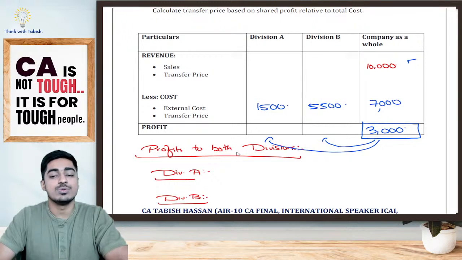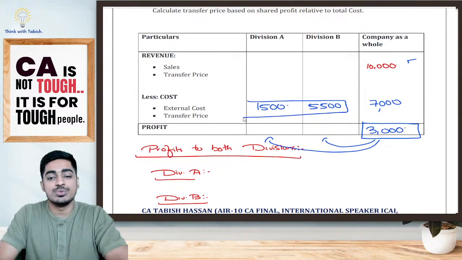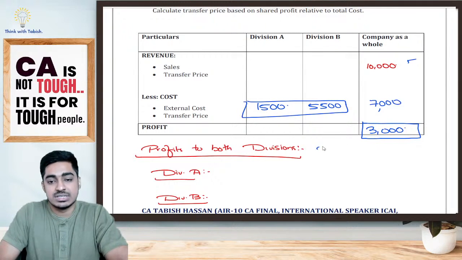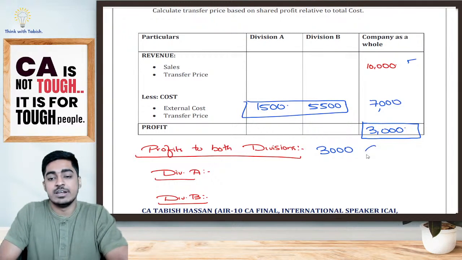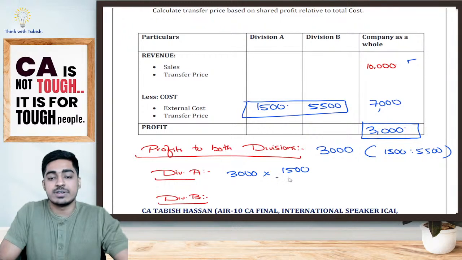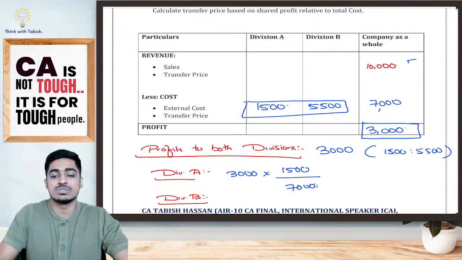How do we distribute? We want the ratio, right? We distribute in the ratio of the total cost. So the total profit of 3,000 rupees will be distributed in the ratio 1,500 is to 5,500. To division A, we will tell it is total profit 3,000 rupees we are distributing. Division A cost is 1,500. Total cost is 1,500 plus 5,500, 7,000.